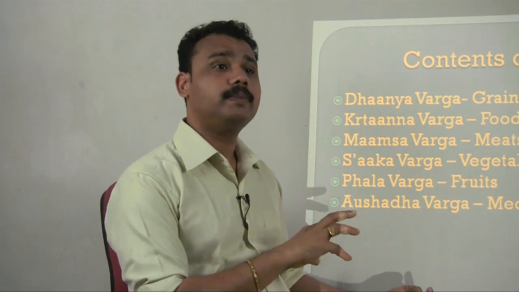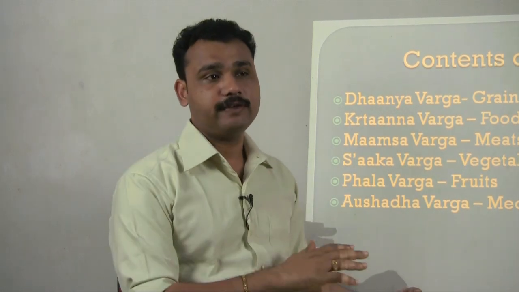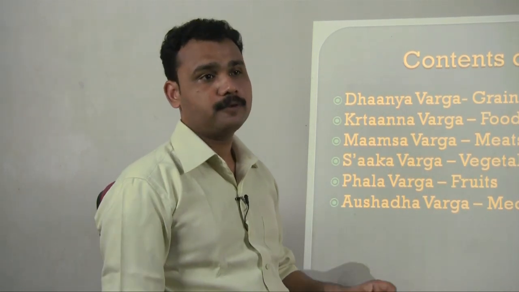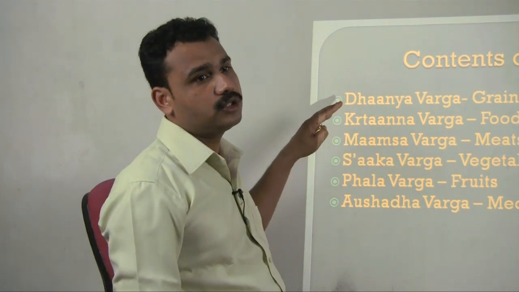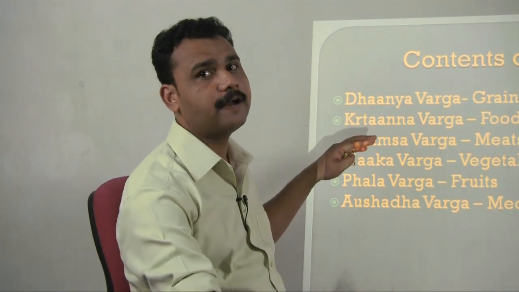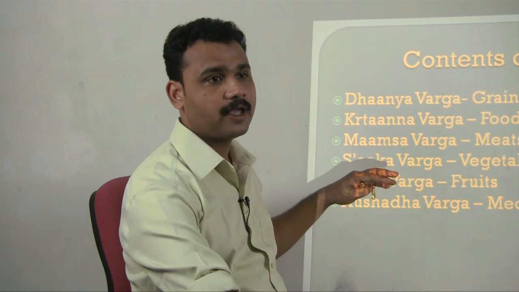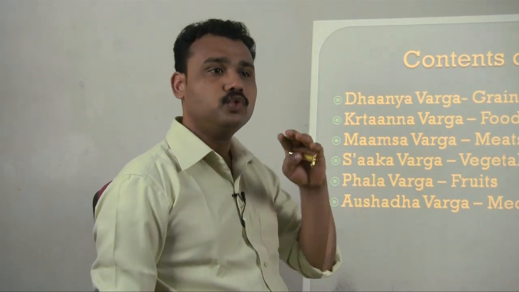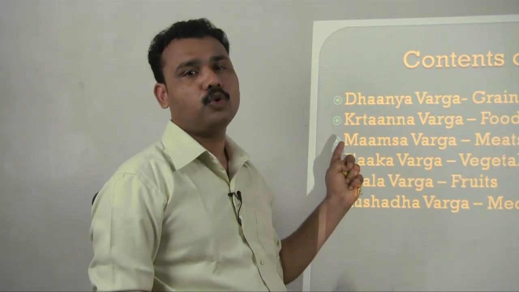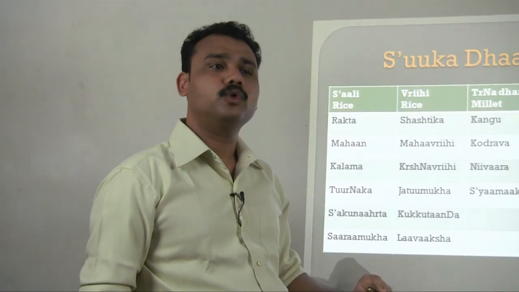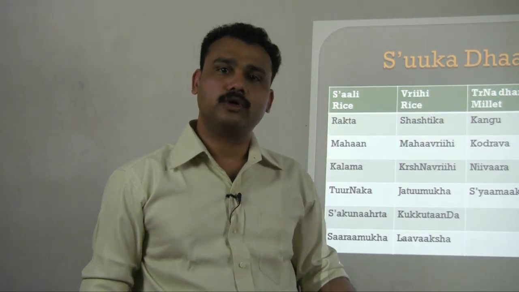But it is also important. There are some specific reasons why you have to add spices, which we will see when we study this group. So the most used group is Dhanya Varga, the group of grains, and the least used, or used with care, is the Aushadha Varga, the group of spices or medicinal substances.